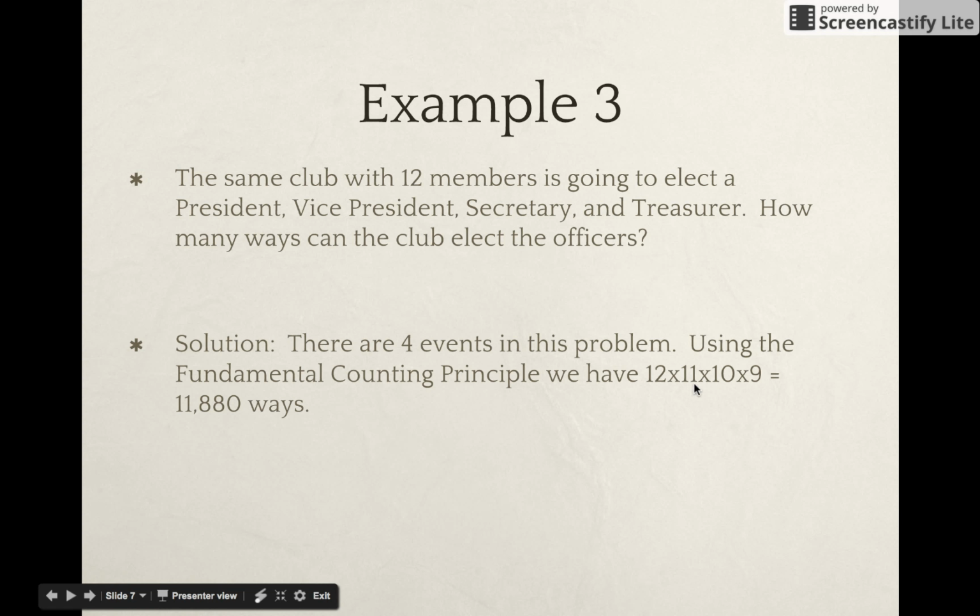When we go to think about how many ways we could elect a secretary, again, we would call it 10 ways because, in the way we're counting these, we've already considered the selection of a president and vice president. So there are 10 ways. And then to select a treasurer, there would be nine people left to select as treasurer. That product results in 11,880 ways.